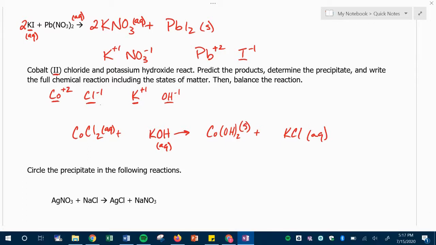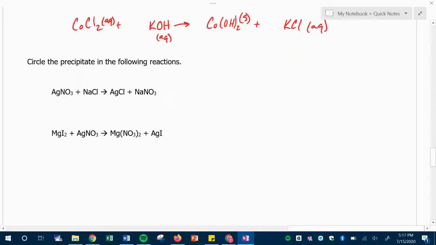All right, now our next question is circle the precipitate in the following reactions. Sometimes you have the reaction written, you just have to figure out what the precipitate is. Now remember, where does our precipitate form? As a product. So don't even check these. You don't need to. Eliminate them, they're not options.